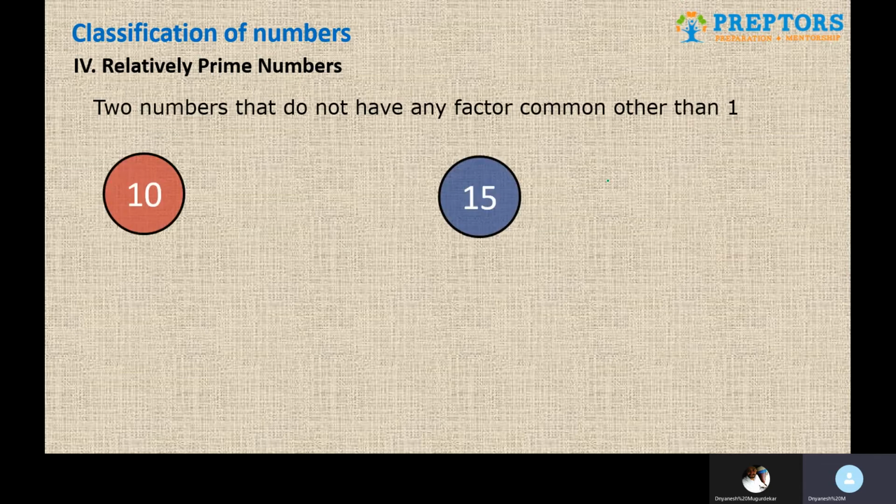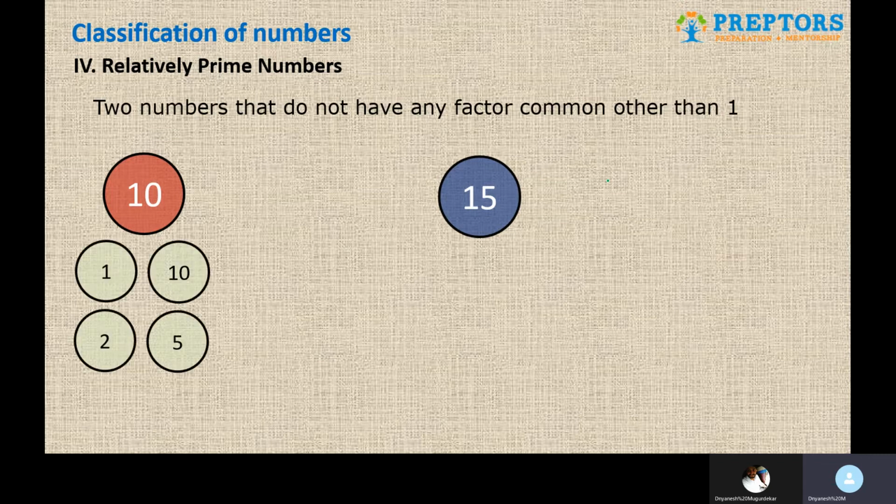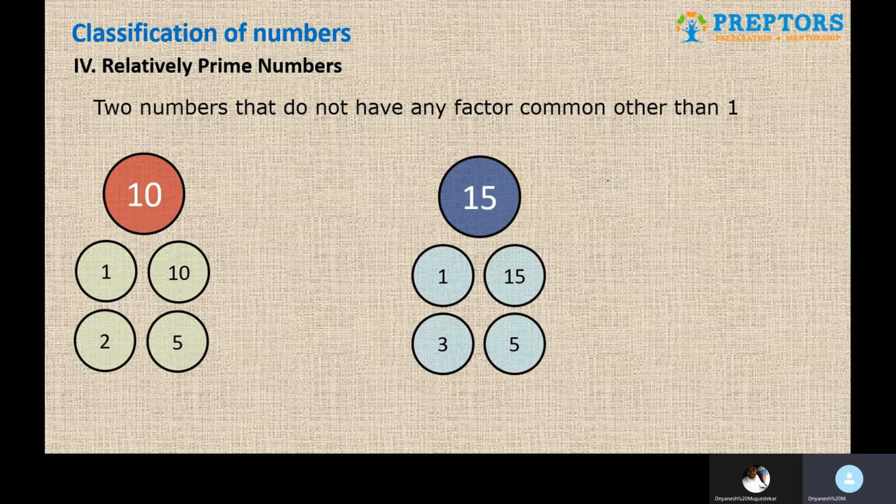Suppose 10 and 15, are they co-prime? The criteria is they should not have more than one common factor. So when we factorize each of the numbers individually, when we factorize 10, we get the 4 factors 1, 2, 5, 10. When we factorize 15, we get 4 factors, 1, 3, 5, 15.